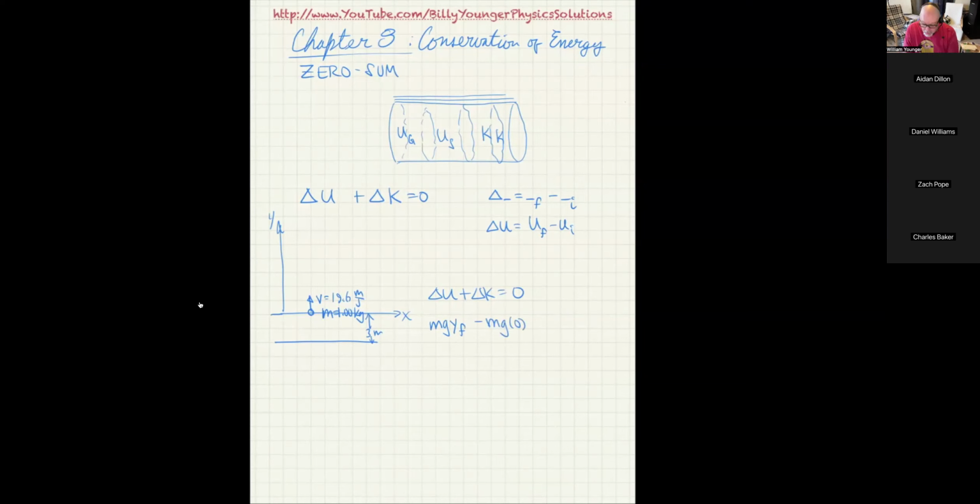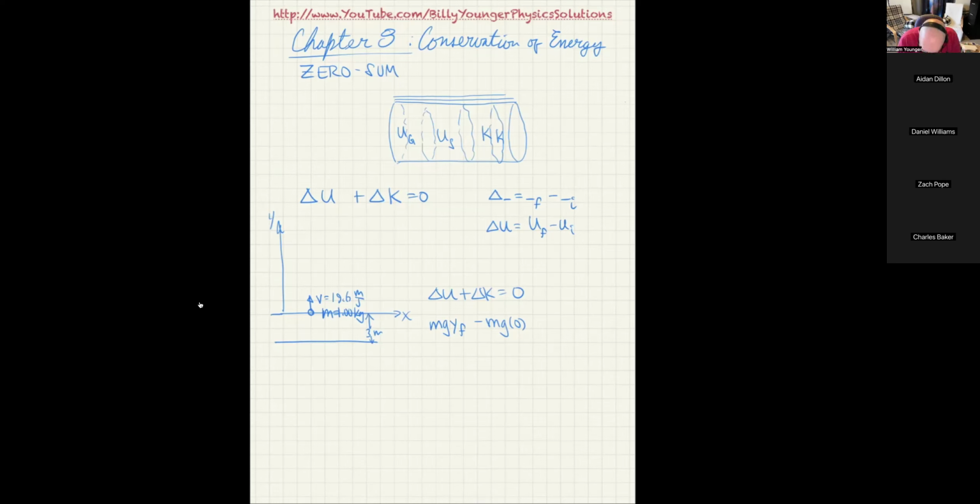Notice I drew it right on the x-axis. Even though that's 3 meters above the ground, I'm allowed to put the zero anywhere I want. I chose to put the zero 3 meters above the ground. So that's U final minus U initial is mg y final minus mg zero.